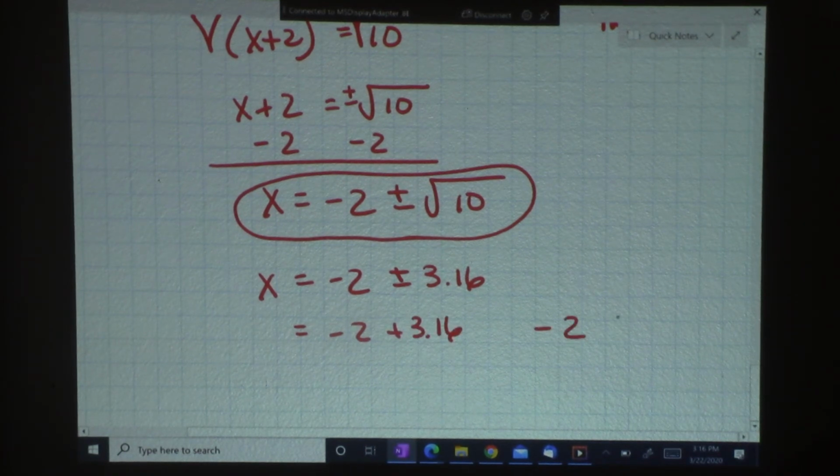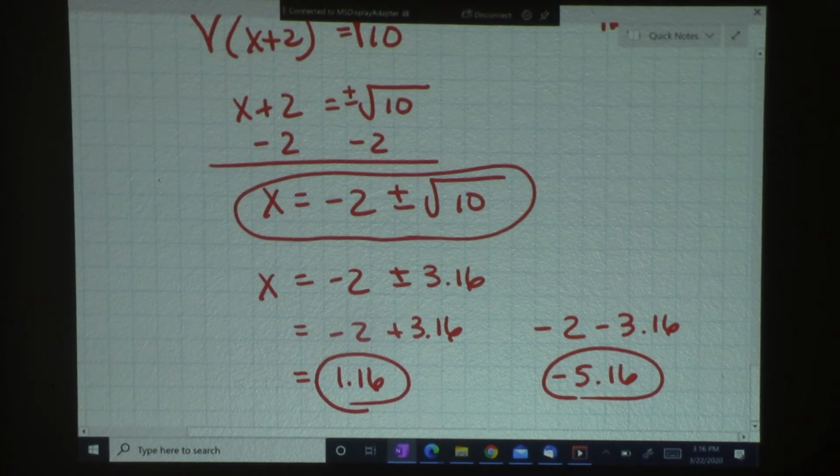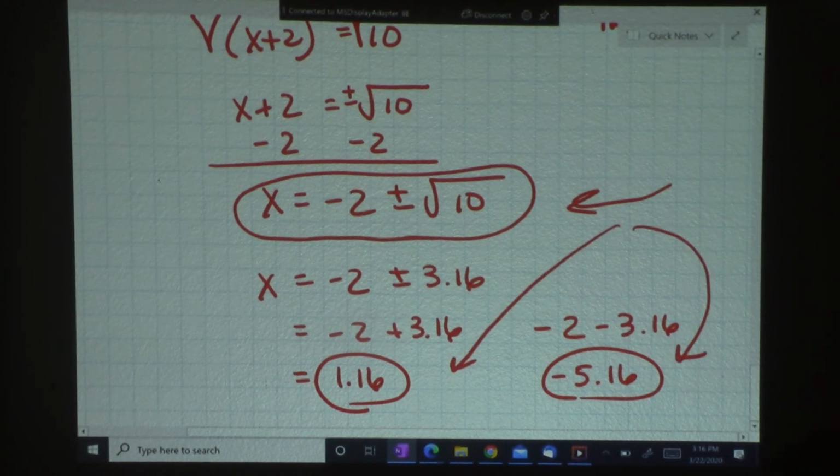So I have negative 2, and then here I subtract and get 1.16 or negative 5.16. So it depends on the lesson and the book that you have. Sometimes they'll give you the square root answer, and if that's not there, then you have to use a calculator to figure out the decimal.